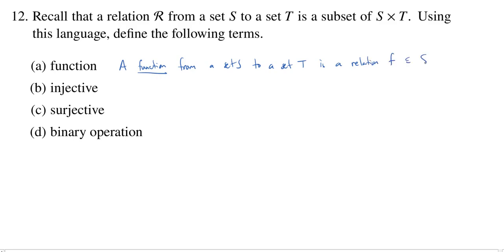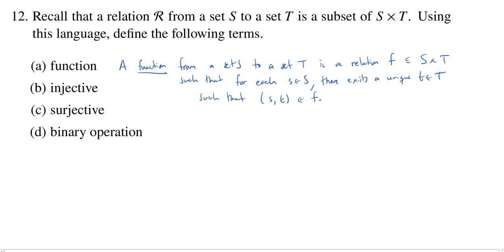So this is a subset of S cross T, such that for each element in the domain, that's what we call this first set, so for each s in S, there exists, well, we need a unique element in the codomain that we pair off with that element from S. So there exists a unique t in T such that the pair s comma t is an element of F.